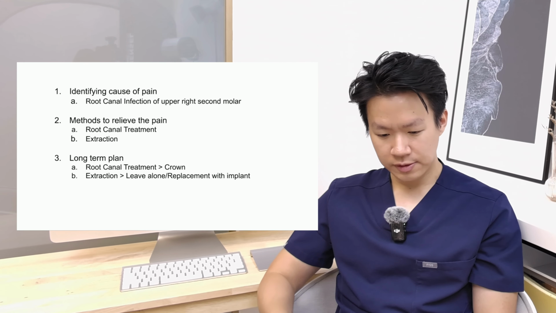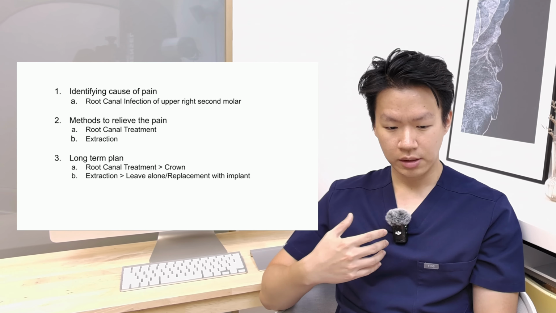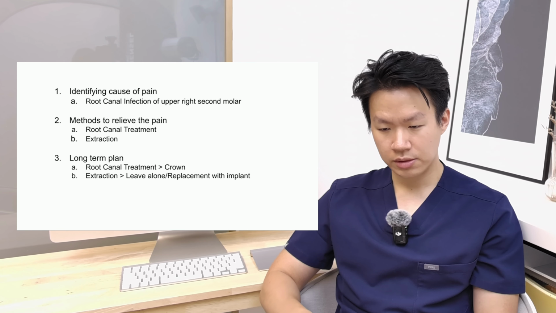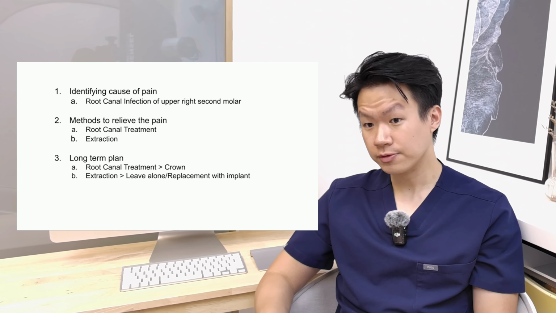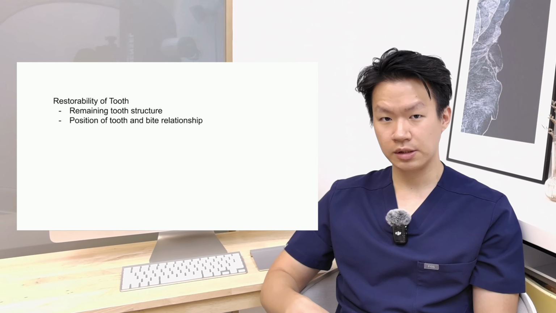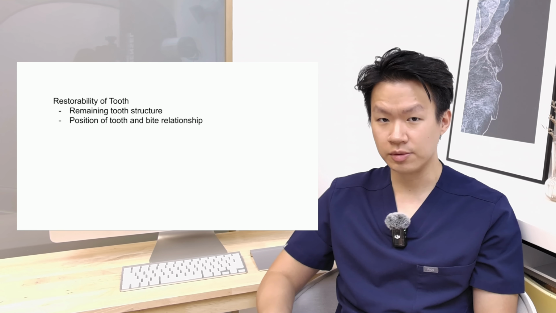For this particular case, what was running through my mind when I discussed these options with the patient is that if she were to try to keep the tooth by doing a root canal treatment, one thing we have to consider is whether this tooth is even a good candidate to be saved.